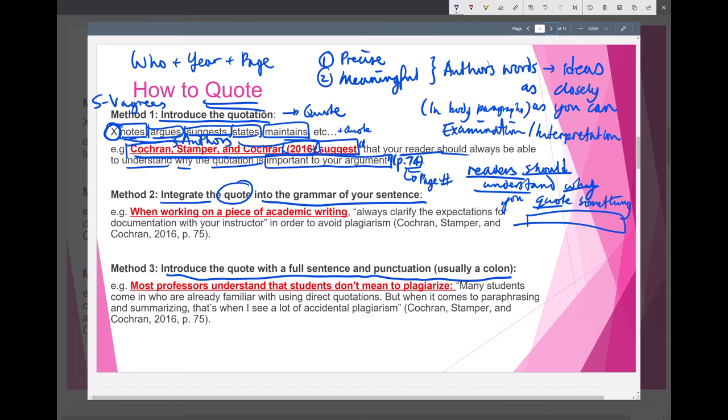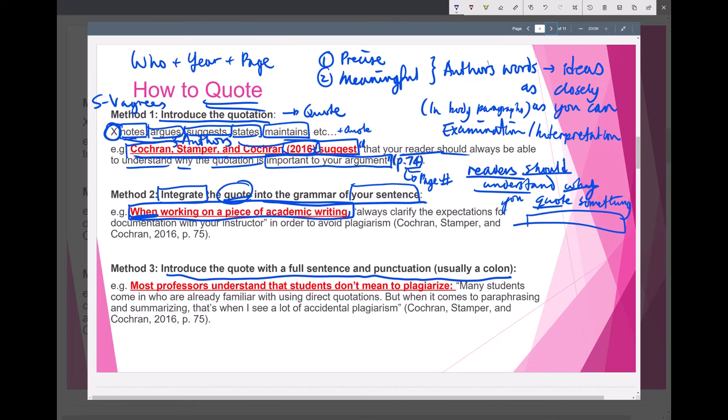The second method is to integrate, put your quote as part of your sentence. And it might read something like this. We're using a different quote. When working on a piece of academic writing, so there's your sentence, well, part of it. Remember, this is not a complete sentence. You've got your subordinating conjunction when working on a piece of academic writing.